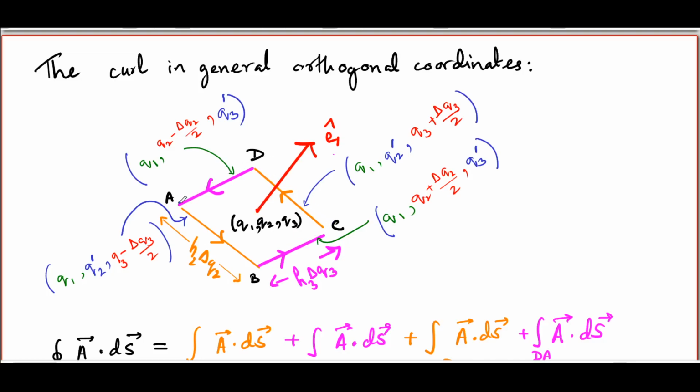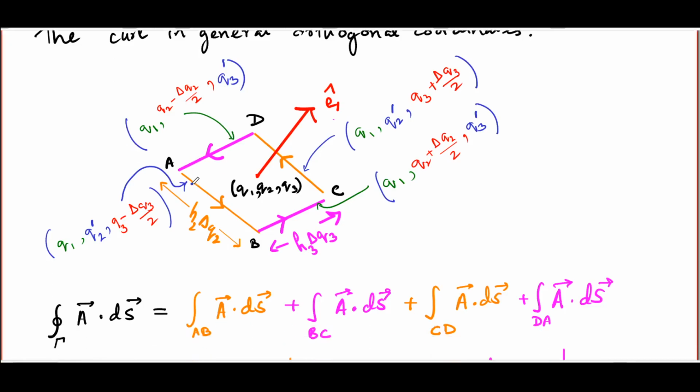And here, q2 is fixed at q2 minus delta q2 by 2. What we need to do is calculate the circulation in this particular loop gamma, the loop A, B, C, D, A. And that, of course, is a sum of 4 contributions, 4 line integrals over the arm AB, then over the arm BC, then over CD, then DA.